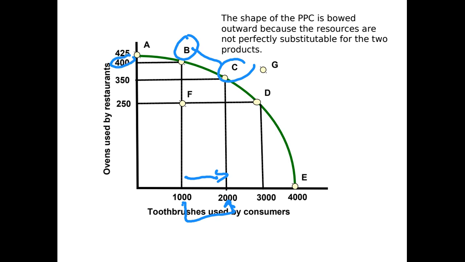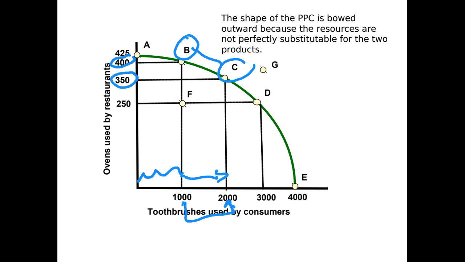So now the cost is 50 ovens. Remember, for the first 1,000 toothbrushes, you gave up 25 ovens. But for the next 1,000 toothbrushes, the opportunity cost is 50 ovens.